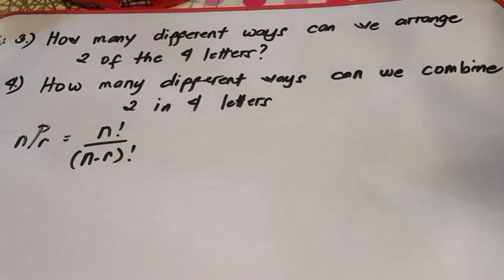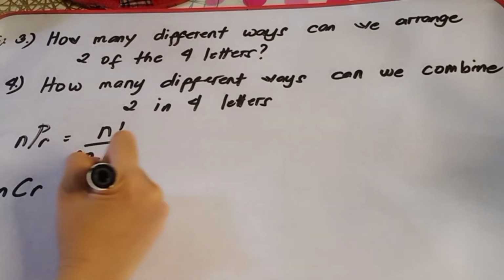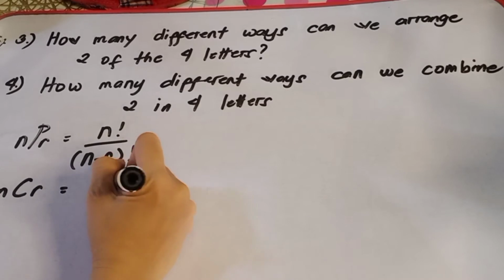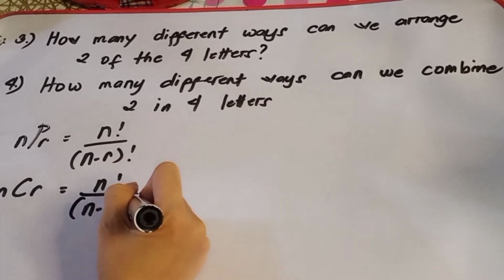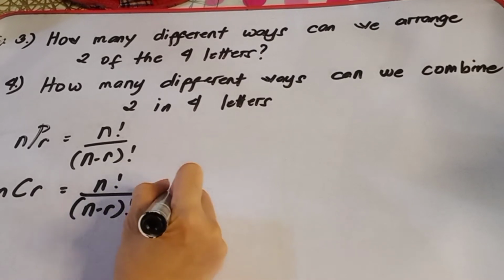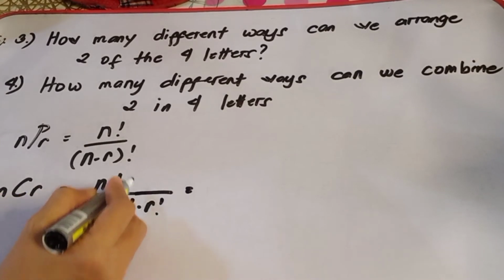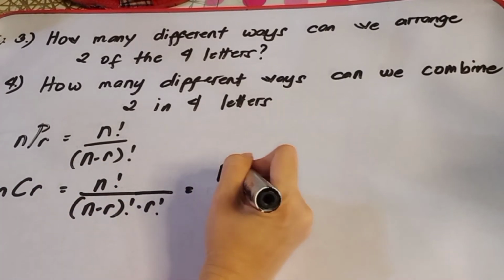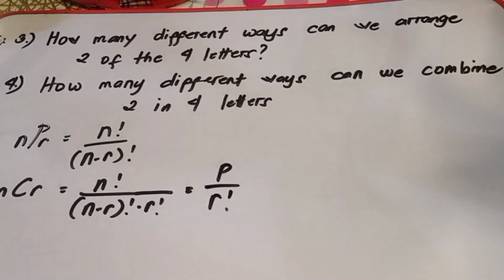This time naman sa combination, our formula is n factorial over n minus r factorial times r factorial. So simply, kapag titignan nyo, this is permutation over r factorial. Okay, so let's try to answer.